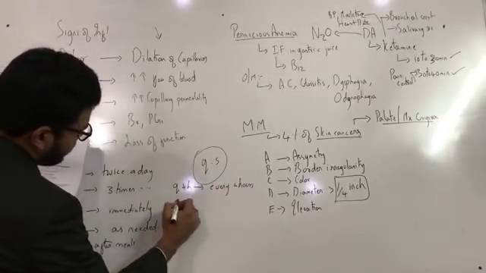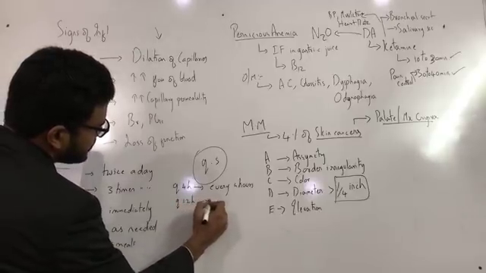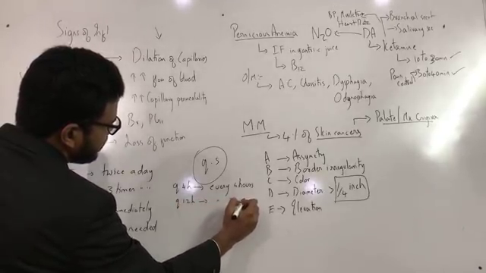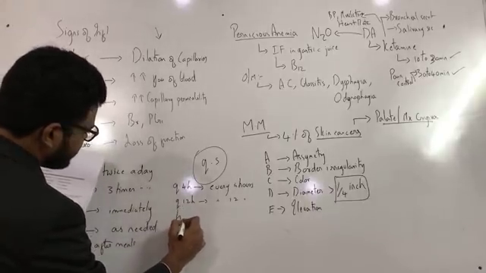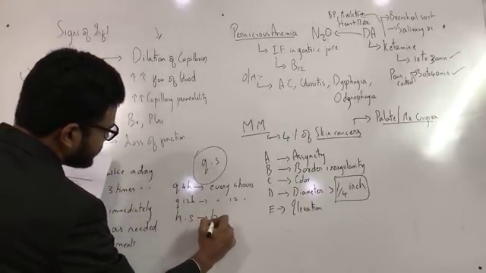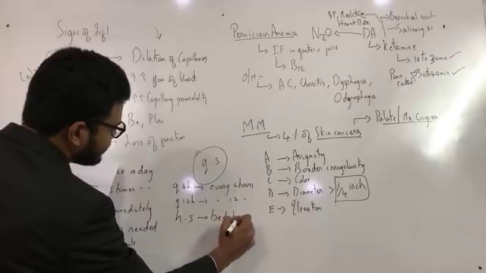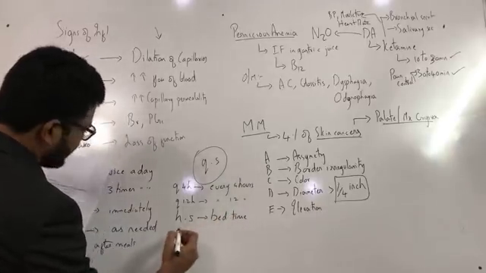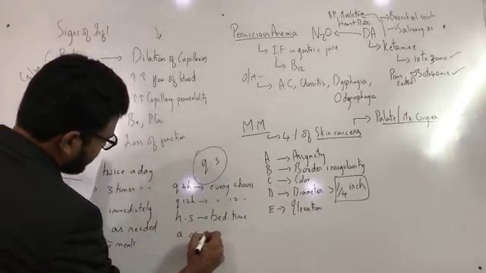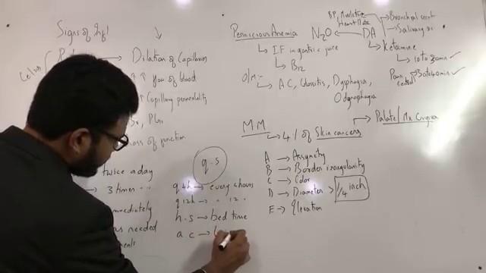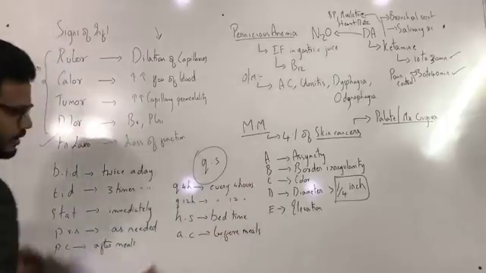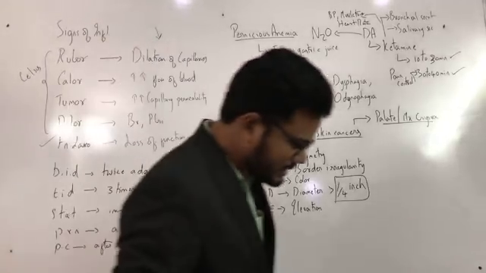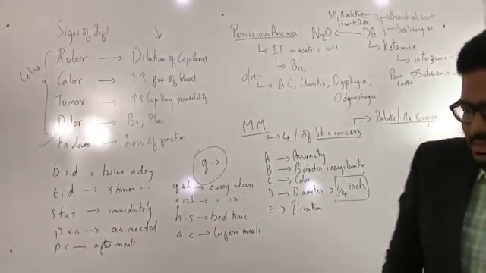And Q12H, which means every 12 hours or 2 times a day, isn't it? And you have HS, which means bedtime, and AC is before meals, right? So PC is after meals, AC is before meals.